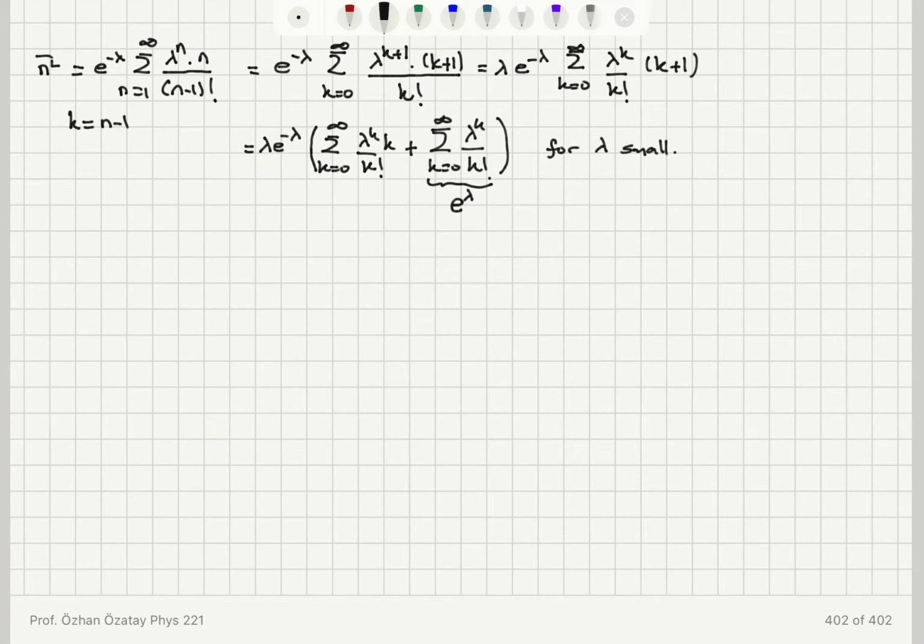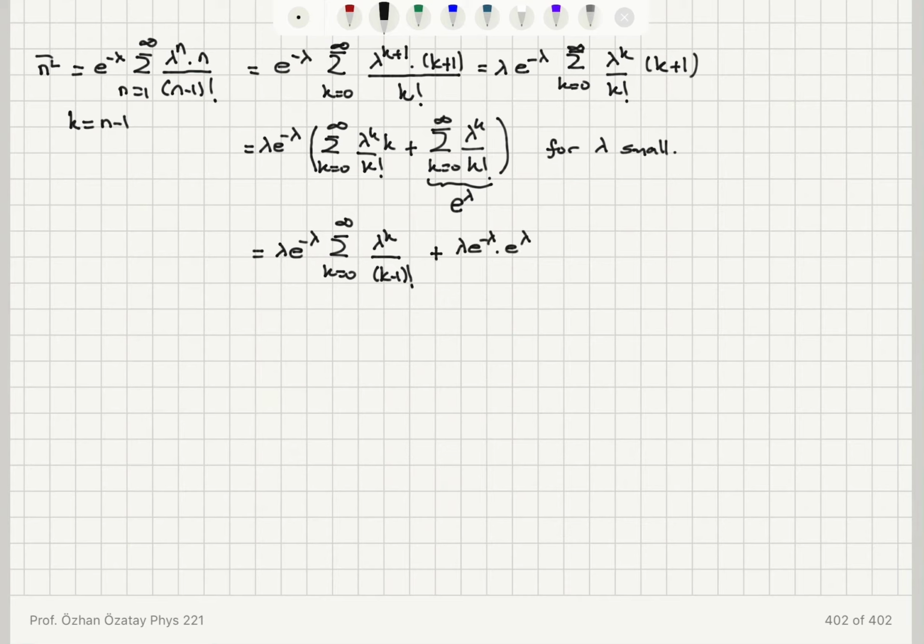Therefore I can see that this is turning into lambda e to the minus lambda sum k equals 0 to infinity lambda to the k divided by (k minus 1) factorial, if I operate the k on the k factorial, plus lambda e to the minus lambda e to the plus lambda.